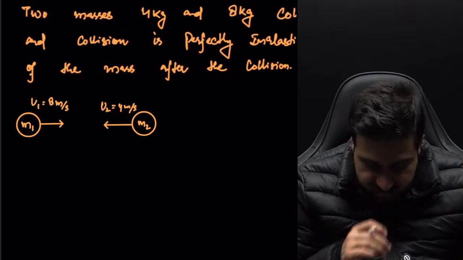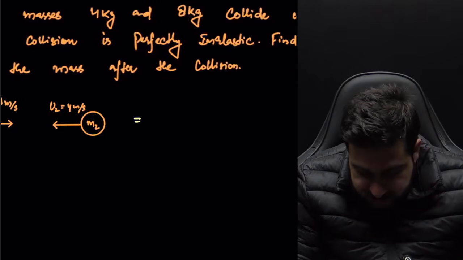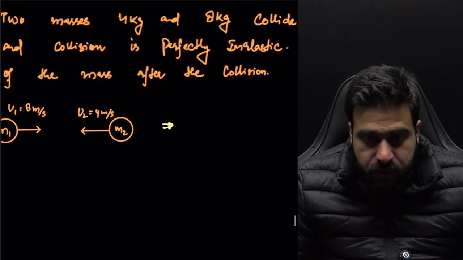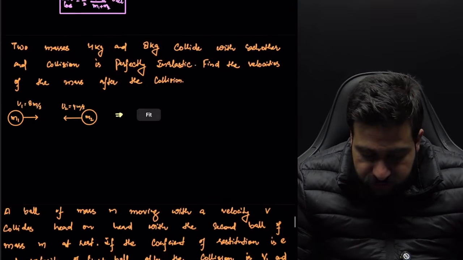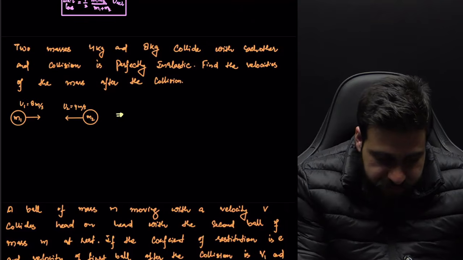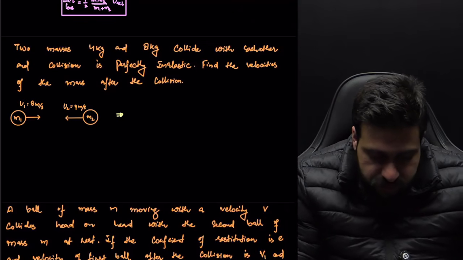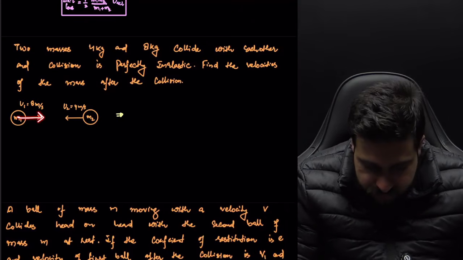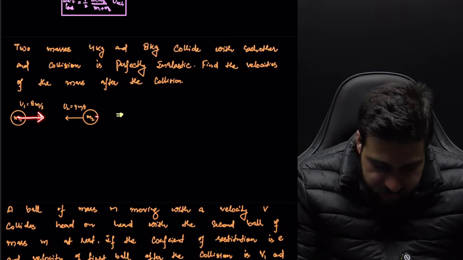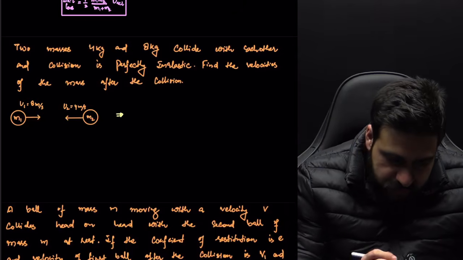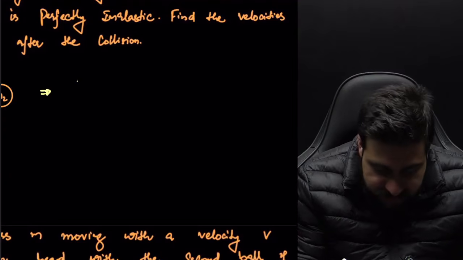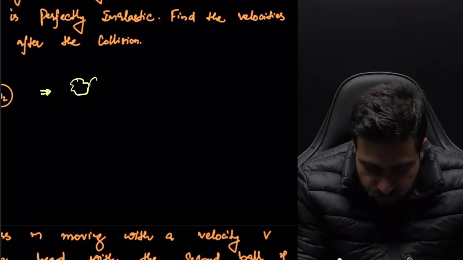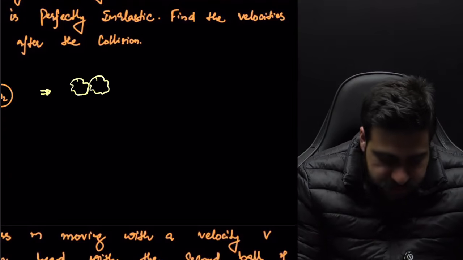Listen to me very carefully. When the two masses collide, the diagram is given over here. This is moving with 2, this is moving with 4. Now, guys, in this particular case, if the collision is perfectly inelastic, we say the two masses will stick to each other.